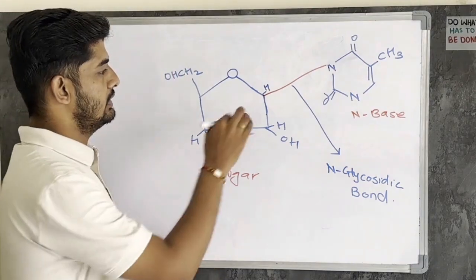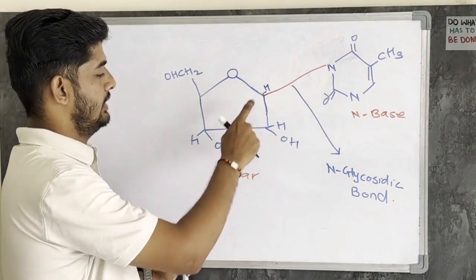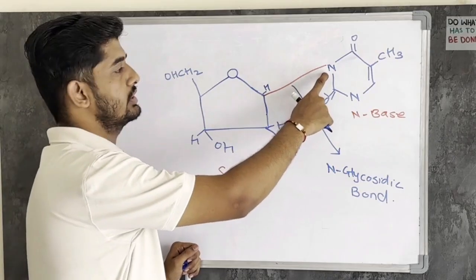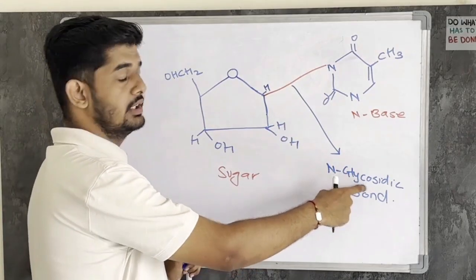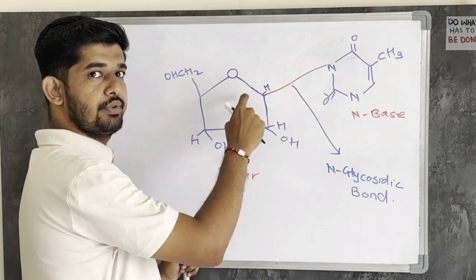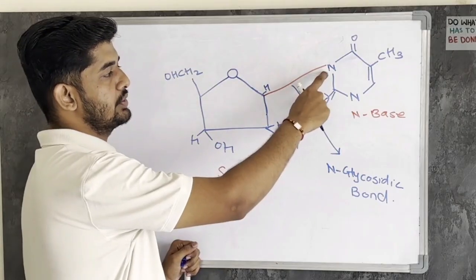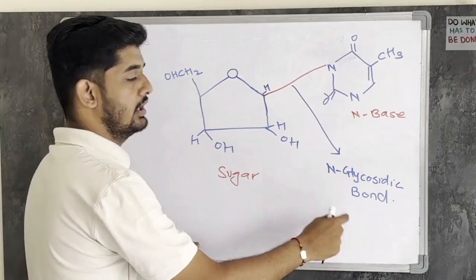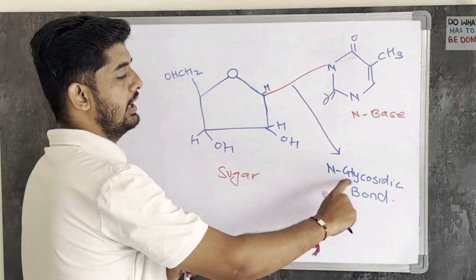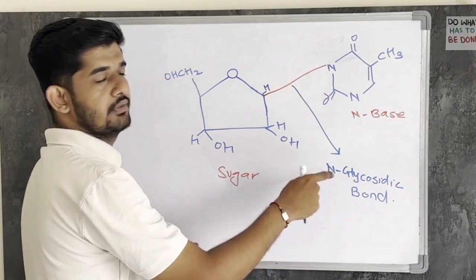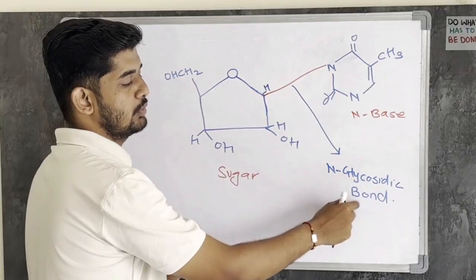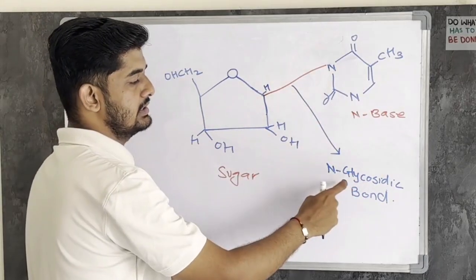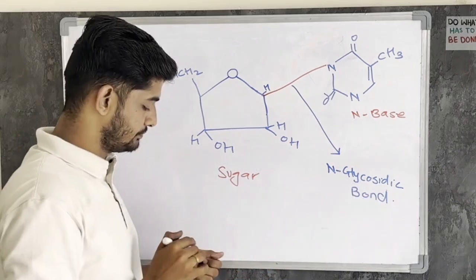The bond formed between the first carbon of the sugar molecule and the first nitrogen of the nitrogen base is called the N-glycosidic bond. Here N stands for nitrogen and glycosidic, here glyco means sugar, which is the pentose sugar. So the bond formed between the sugar molecule and the nitrogen base is called the N-glycosidic bond.